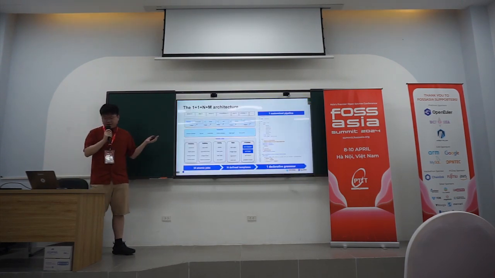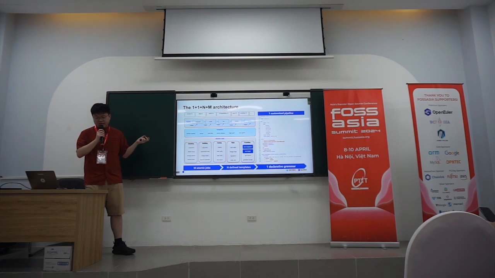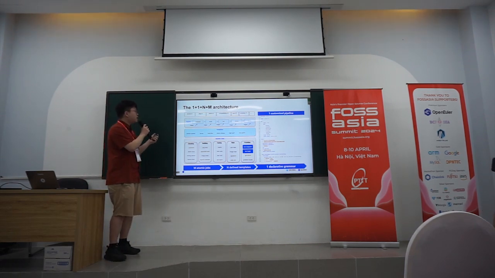So this is the architecture of EulerPipeline. It is 1 plus 1 plus n plus n.